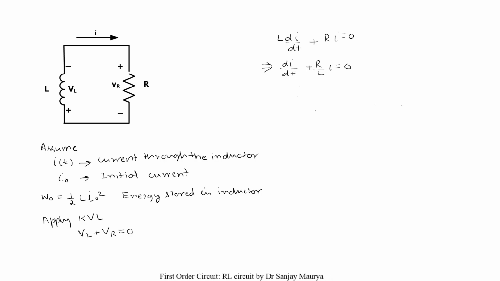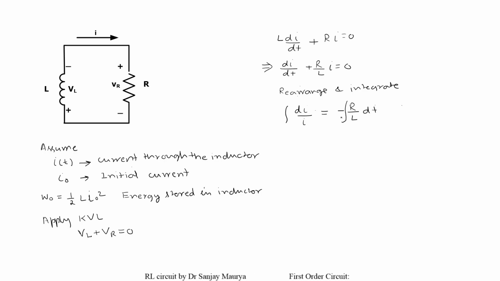After rearranging and integrating this expression, I'll get di by i is equal to minus R by L into dt, and this is again going to be integrated. I am integrating from 0 to time t.